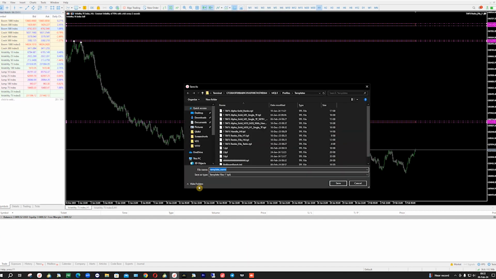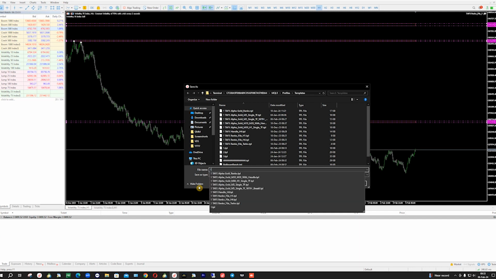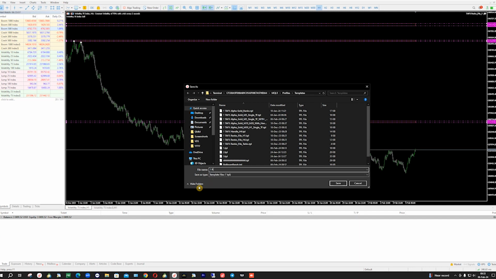Let's say we save the template of a Renko file as Renko 44, so that we can remember it is the Renko file that contains the setups of 44. So here we can say Renko file, and save the Renko file.